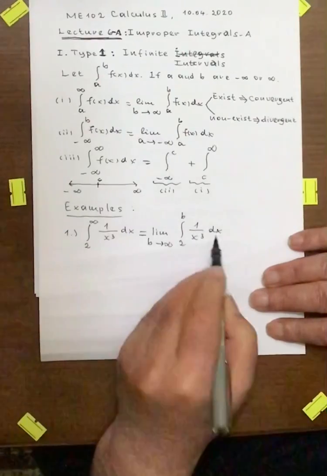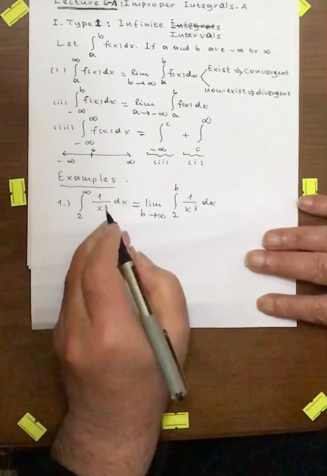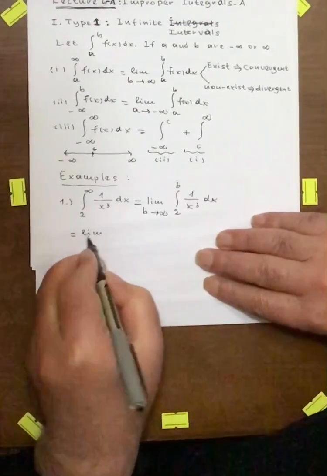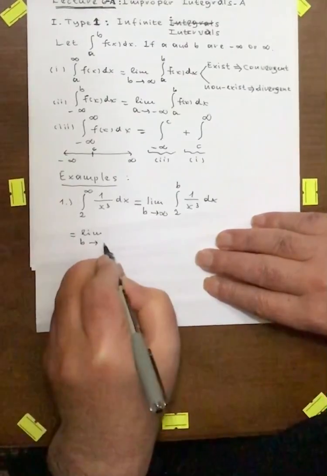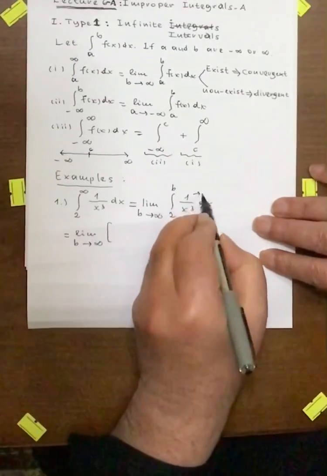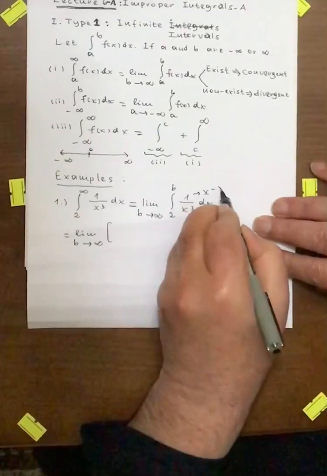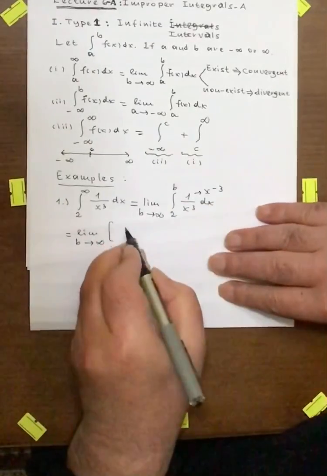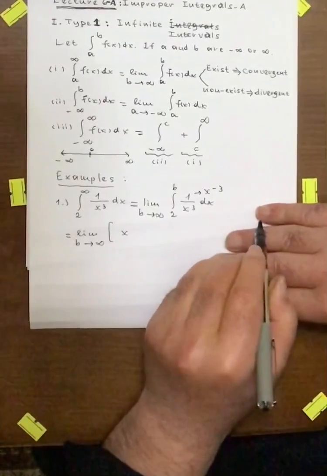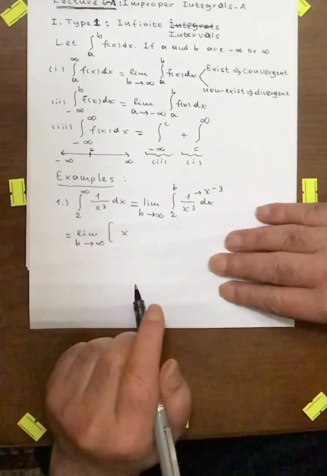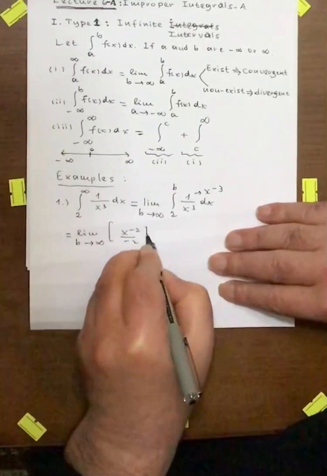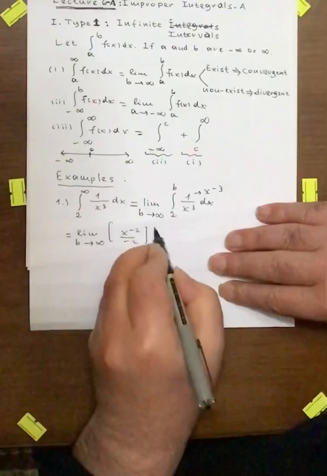We know how to calculate such an integral, then we can write limit b tends to infinity. I think we can write this part x to the power minus 3, and so if we add 1 and divide by the obtained number, minus 2, over minus 2, from 2 to b.